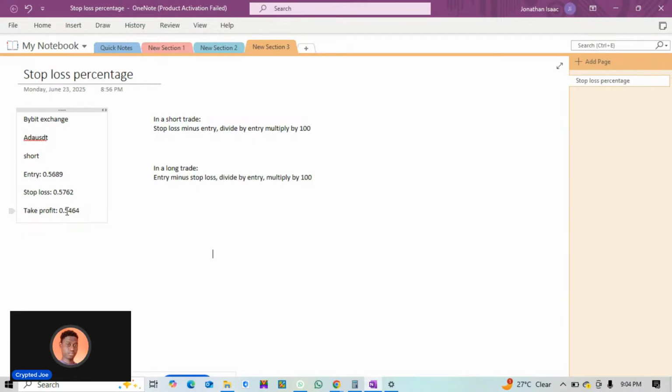So stop loss is 0.5762 minus entry, 0.5689. I'll press the equal to, then divide by my entry, 0.5689. Then I'll press the equal to again, then I'll put my multiplication sign, then put 100.